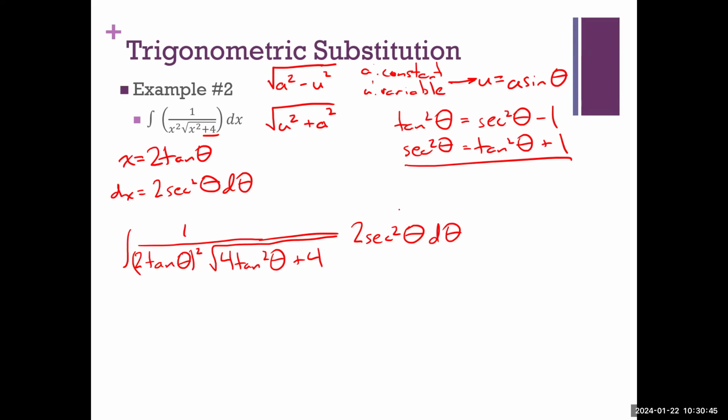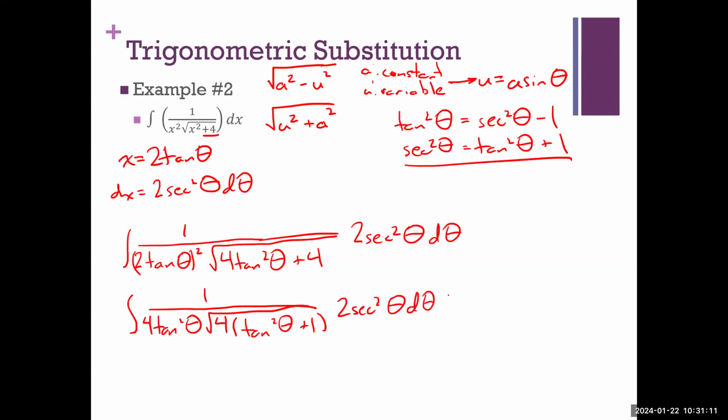So under the radical, still getting the hang of this, so maybe I'll do this in a few steps. 1 over, I'll call this 4 tangent squared theta times the square root of 4 times tangent squared theta plus 1. So under the radical, I think that'll become 2 secant squared theta.